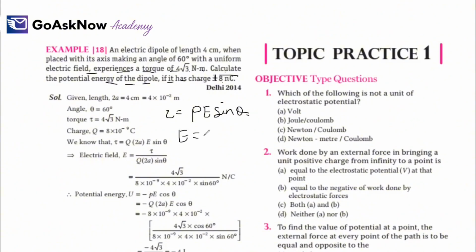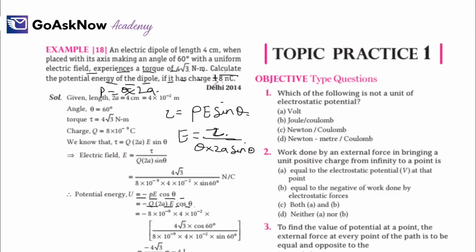Electric field will be equal to tau upon Q into 2A sin theta, because we have just cross multiplied it. P value is Q into 2A. So potential energy of the system will be equal to minus P cos theta, equal to minus Q times 2A into E cos theta.